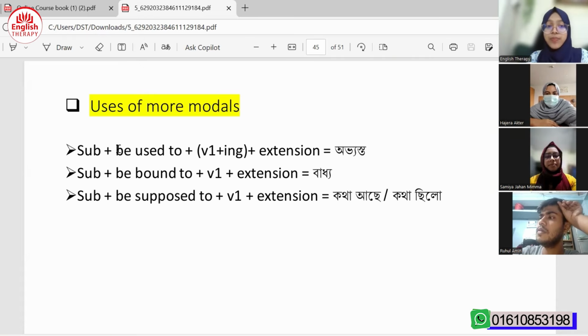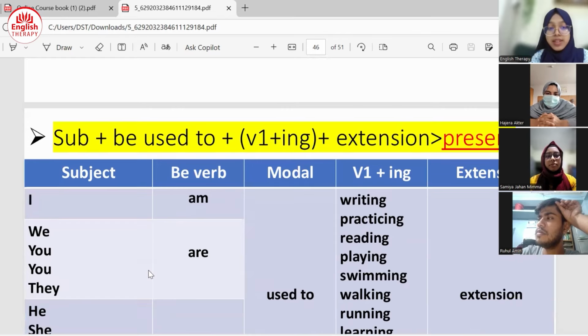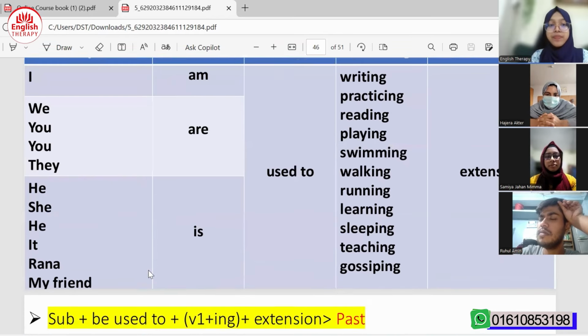By using verb plus ing, which tense can you guess? Is it continuous or future or past? Continuous. That means in our past we did the work and nowadays we are doing the work. Got it? So let's make some sentences by using this structure.